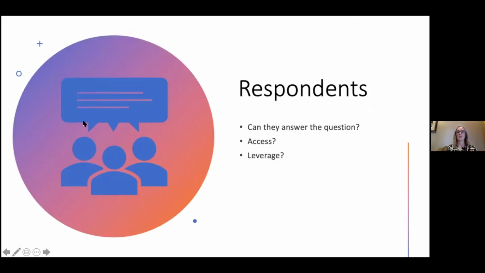So we're now going to move to respondents, or who you ask the questions to. We already talked about my getting a survey that wants resident opinions.